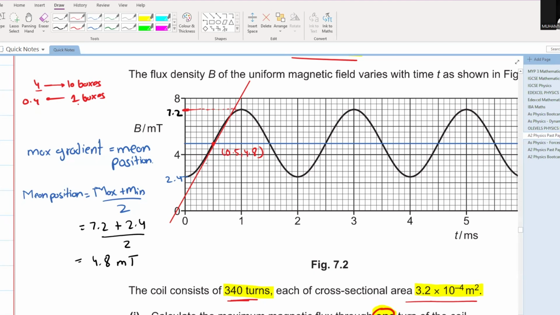Let's say you have this as your other value. Let me see which value this is. This value is your second point, which is 0.4 and 4.